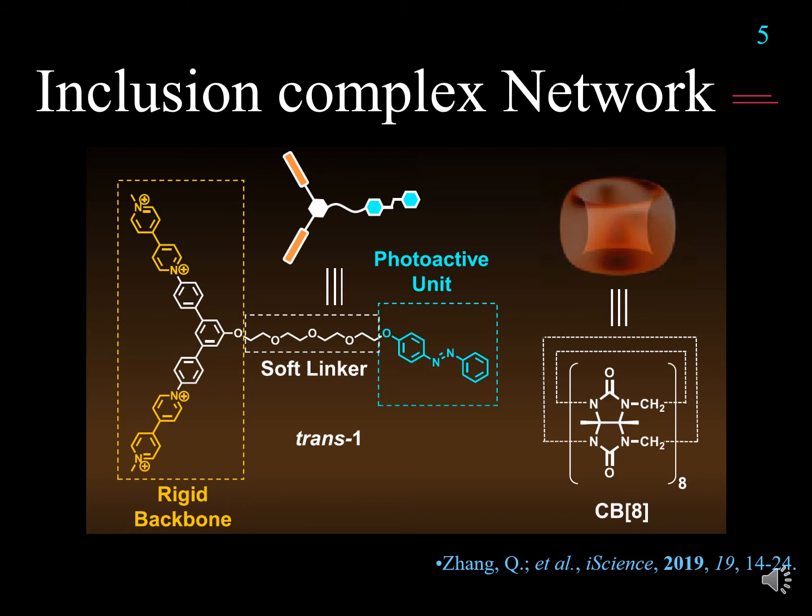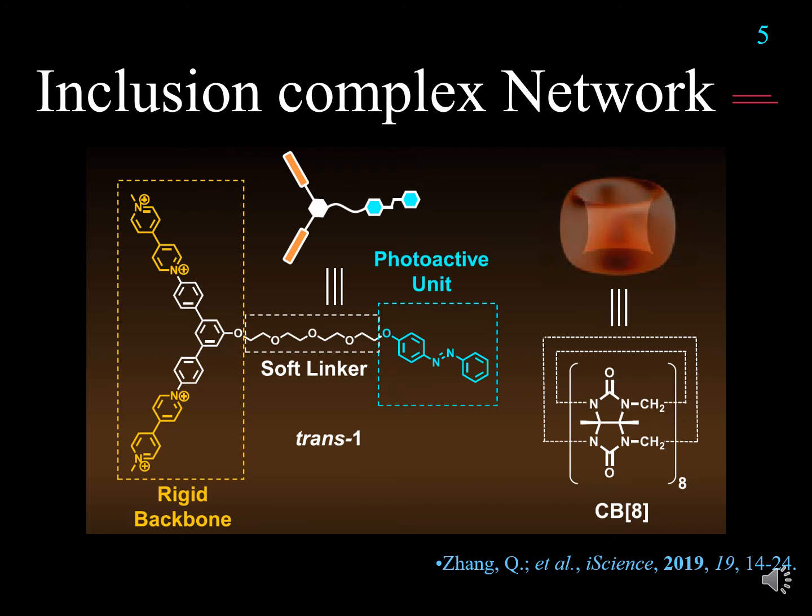So we have this structure on the left hand. Oops, sorry. The left hand structure is composed of the core structure, labeled in white color, and we have the yellow color, positive charge, and we also have the blue color, which is the photoactive unit.